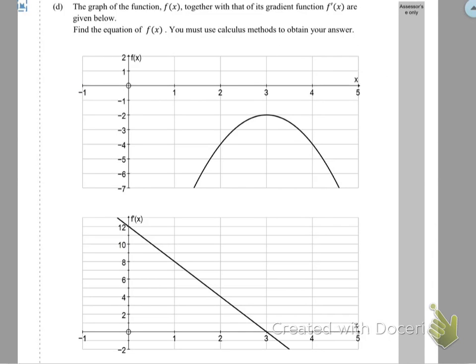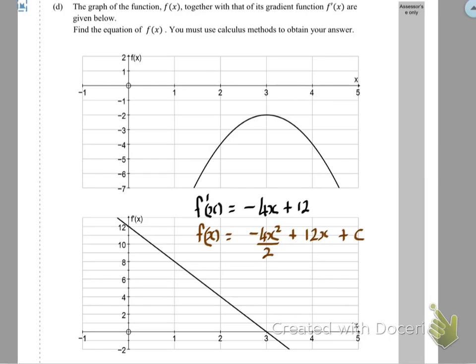For this question, start with the differentiated equation. We can see it has a gradient of -4 and intercept of 12. We're going to anti-differentiate that. So we're going to add 1 to the power, divide by the new power, and add a constant.